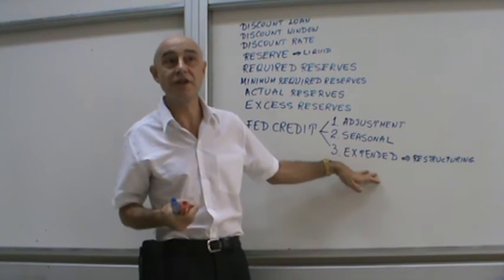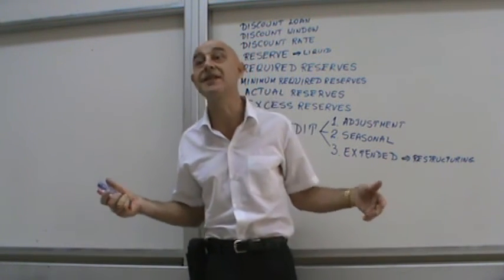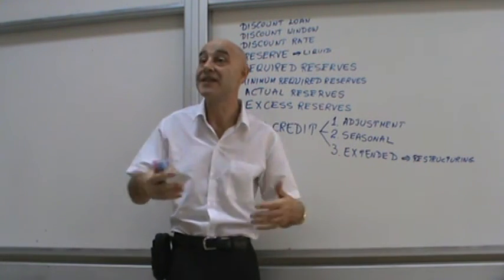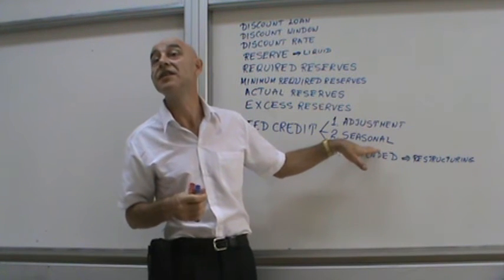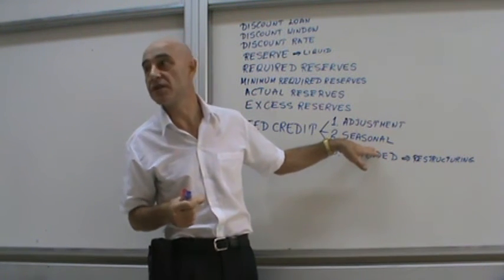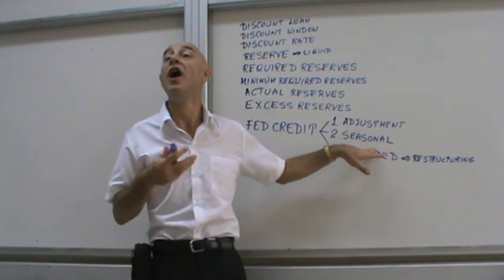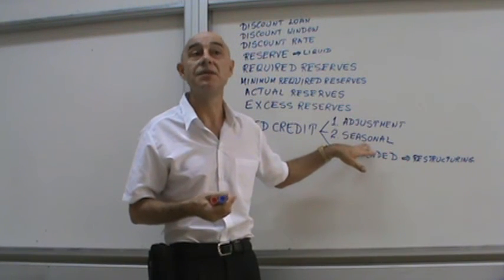So around Christmas, almost everywhere where Christmas is celebrated, you have extra demand for money. So the central bank will provide seasonal credit temporarily during the season. It's well known and has been happening for hundreds of years.